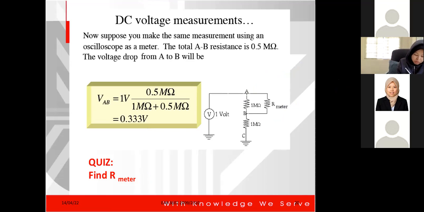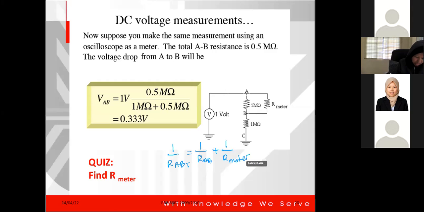So apa dia punya equation? 1 over R AB total is equal to 1 over R AB campur 1 over R meter.